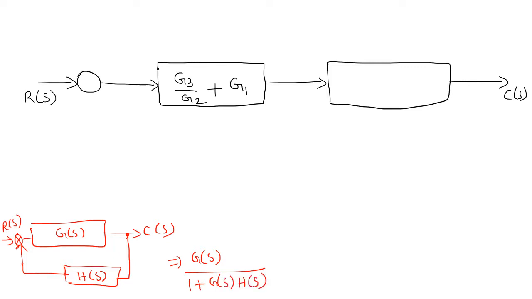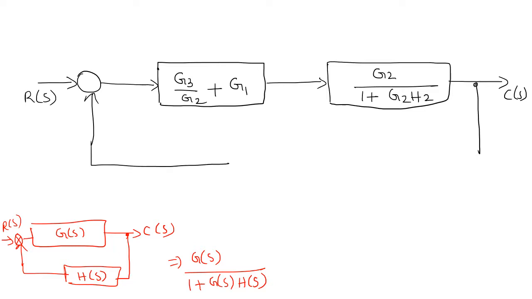So our block gets reduced to G2 divided by 1 plus G2 H2, and last we have our feedback, which is equal to H1. Here the polarity is minus.